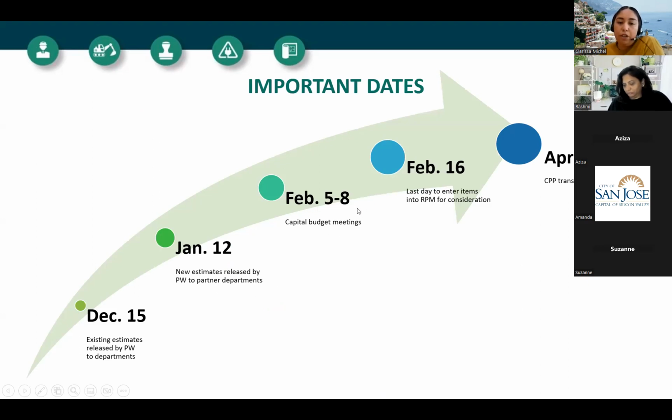February 5th through 8th is the capital budget meetings, so super important to get all that done before then. February 16th is the last day to enter items into RPM for consideration. And the new date that Amanda addressed, the CPP transition should end by April 15th. So CPP will be used as of that date completely.